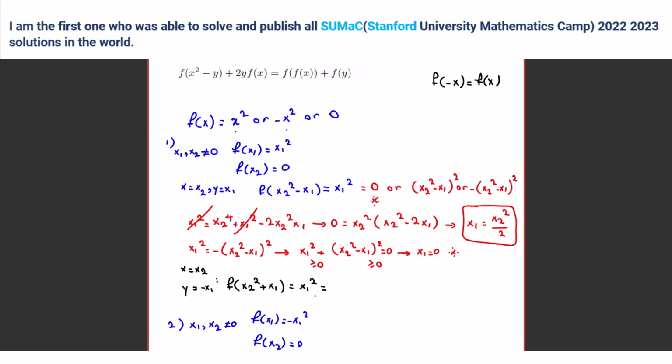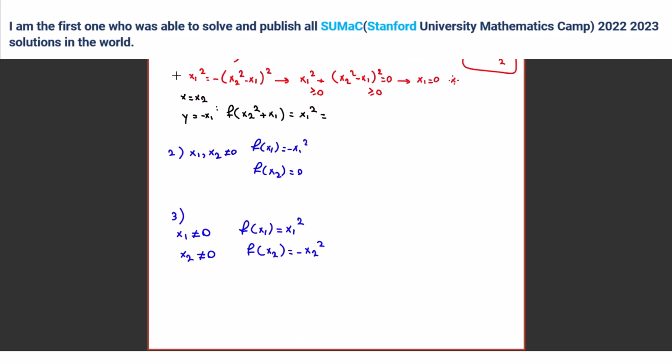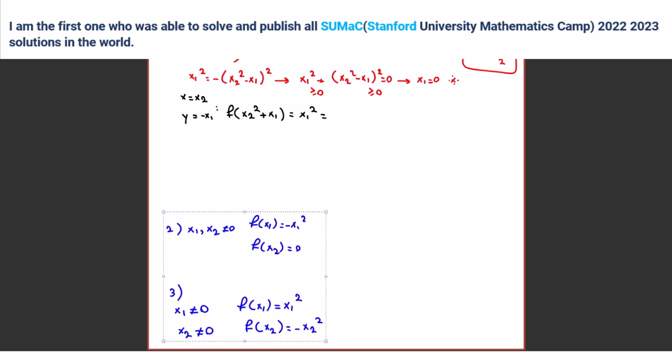And we know it is equal to what? F of this is x2 squared plus x1 whole squared, or negative of that. We can cancel the negative of that because you can take it to the left hand side, the sum of 2 squares is 0, and then that one is 0, right?